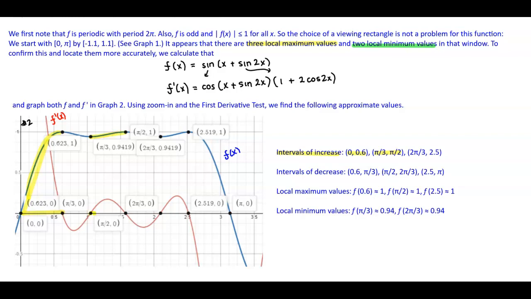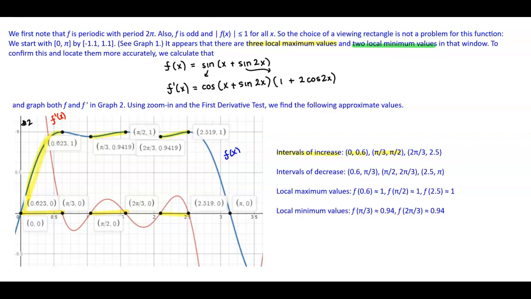Okay, so we know it's increasing from here to here. I'm sorry, from pi over 3 to pi over 2. And then we also know it's going to be increasing from 2 pi over 3 to 2.5. So it's increasing here.